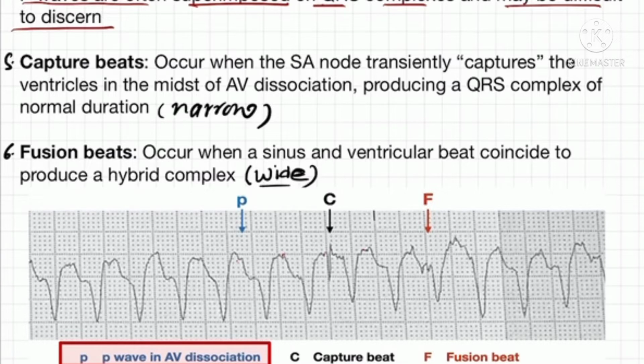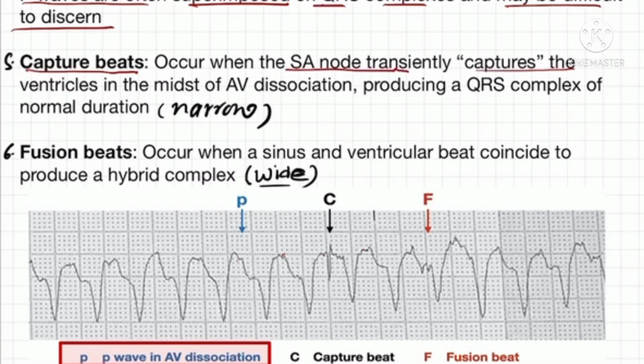This is the 4th point. The 5th is the capture beat. What is a capture beat? A capture beat is when the SA node transiently captures. Otherwise, the rhythm is from the ventricle, but suddenly the SA node transmits the beat.